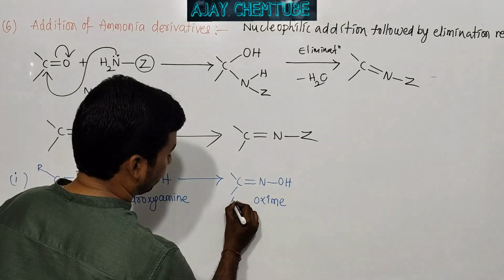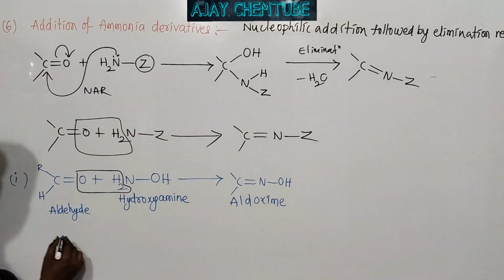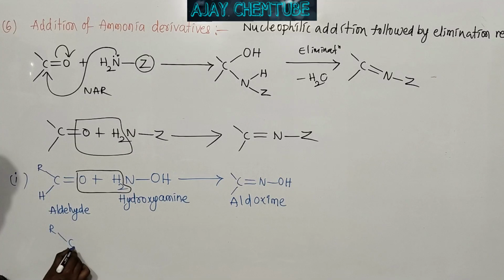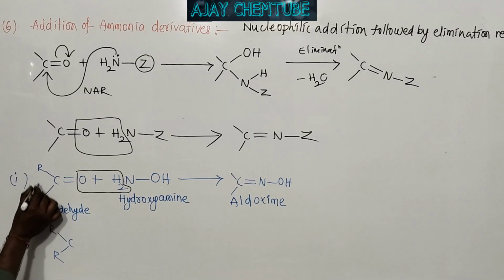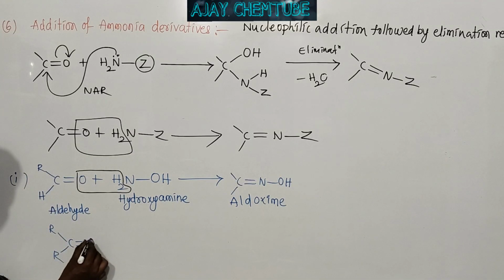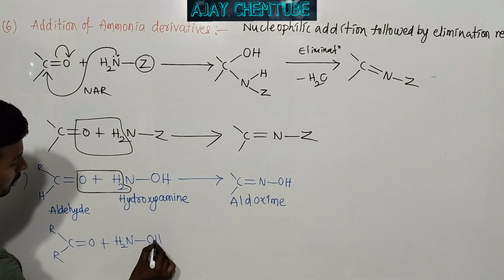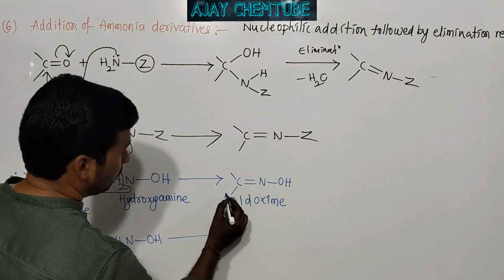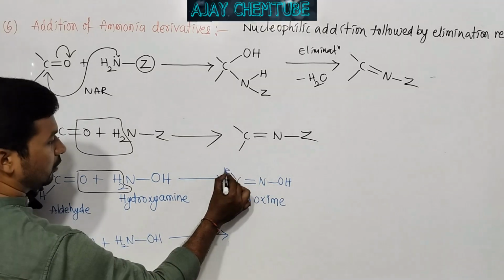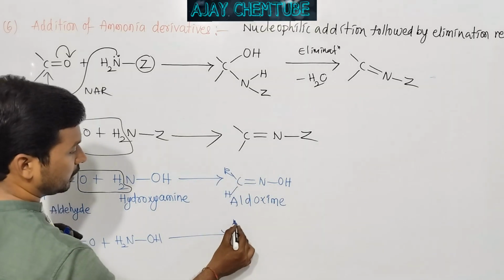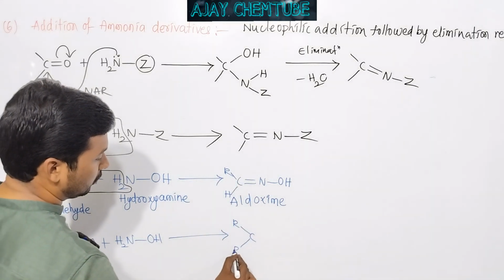Aldoxime. If it is ketone, the only difference is here two are alkyl groups, then that is ketone. Hydroxylamine gives, here this is R, and this is H. Here this is R only, this is R only.